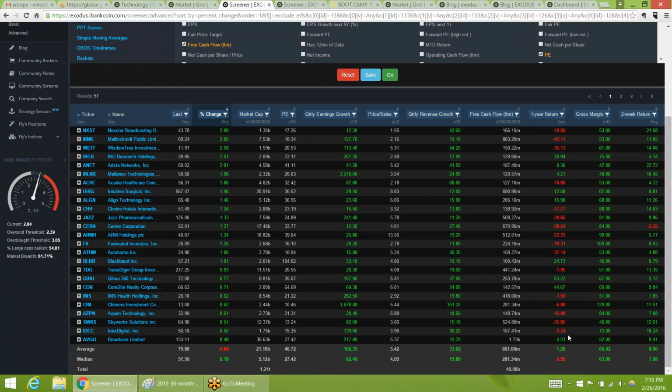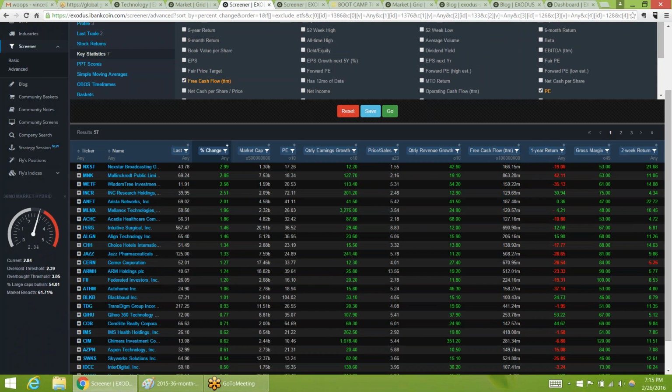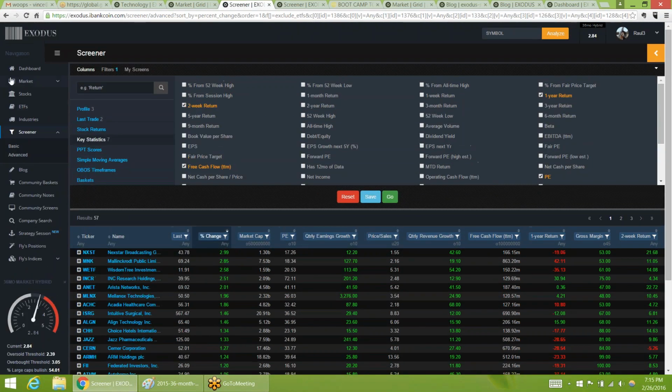So that's roughly in line with what the SPY has done. But it's doing better than it was before the adjustments were made. So that is one of the ways that I like to use this software to generate idea flow in a way that I can consistently execute on.